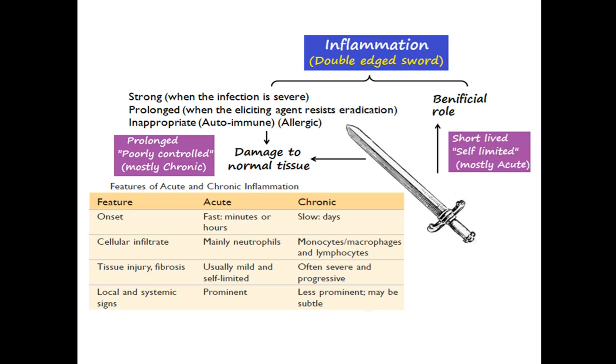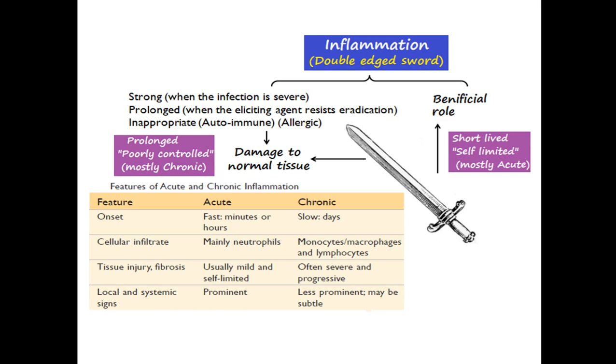They are the monocytes that are converted into macrophages in the tissues, and the lymphocytes. The lymphocytes are part of the acquired immune system.